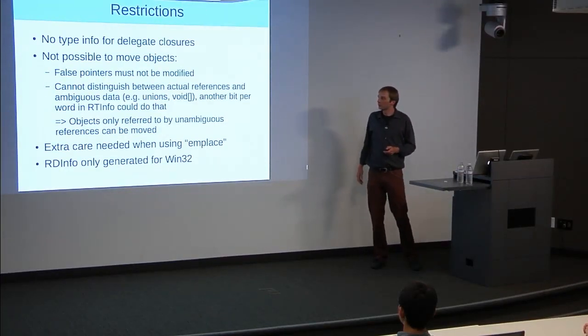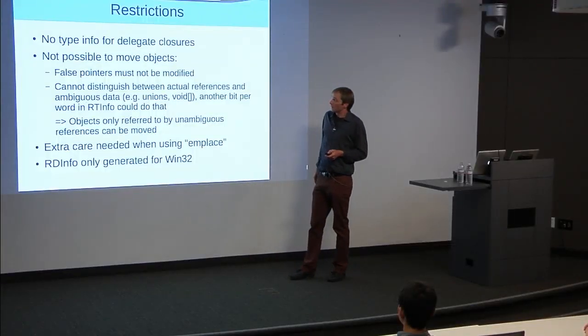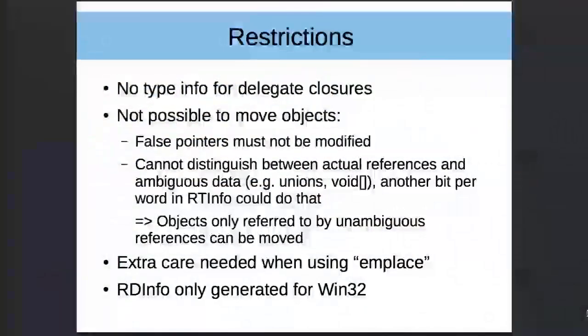So the restrictions of that implementation are that there are no type informations currently for delegate closures. This means that if a delegate has to take a closure, it just doesn't allocate memory without this type info parameter. And so the garbage collector has to assume that pointers are contained conservatively.